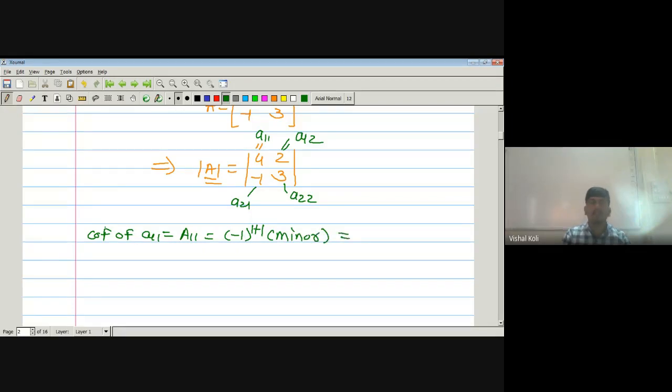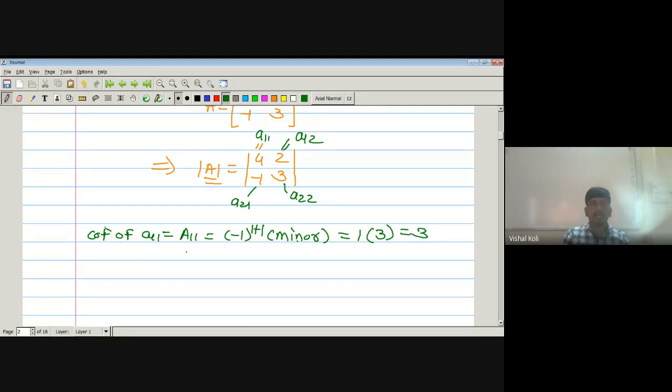Okay, so minus 1 to the power 1 plus 1, which is 2, minus 1 squared is plus 1. Plus 1 into the minor of this. The minor is obtained by suppressing the row and column in which the element is present. As A11 is equal to 4, we suppress the first row and first column. Then the minor is 3. So 1 into 3 is 3.